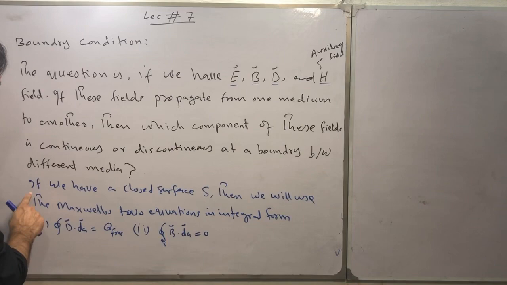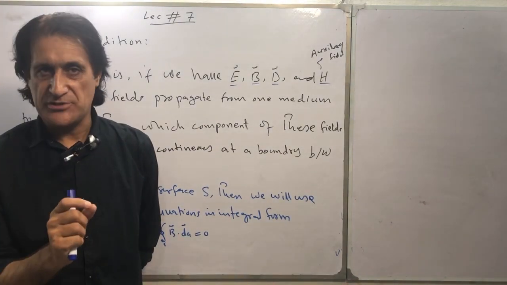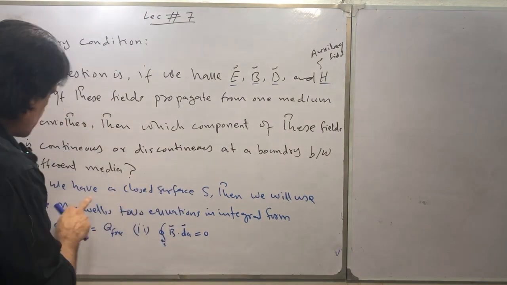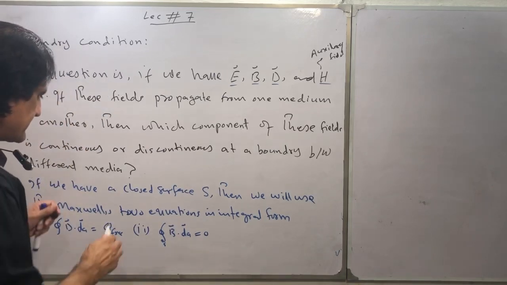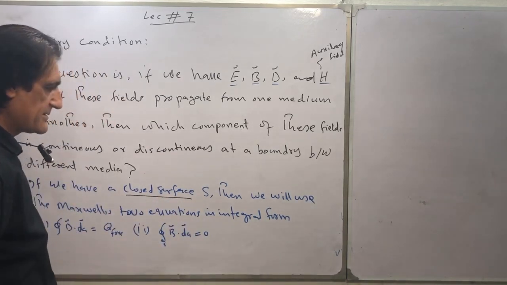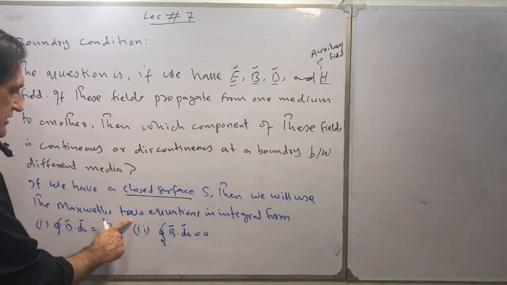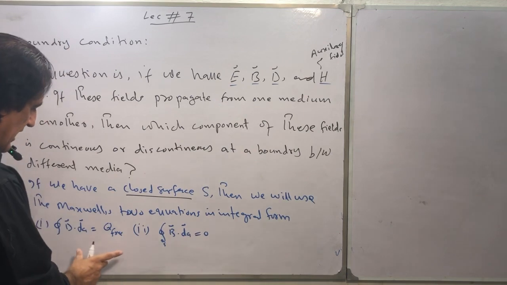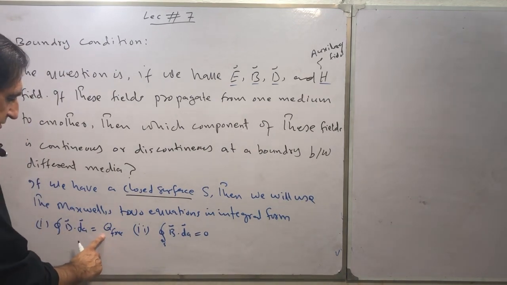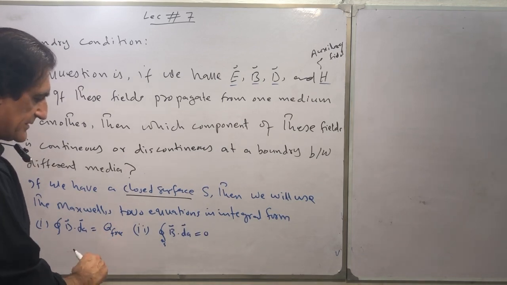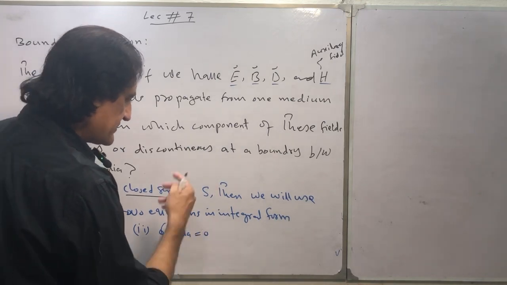And for this, we will use Maxwell's equations. If we have a closed surface S, then we will use the Maxwell equations. The two Maxwell equations in integral form are: one is the integral of D dot dA, which is equal to Q free charge, and the other one is the integral of B dot dA, which is equal to 0.